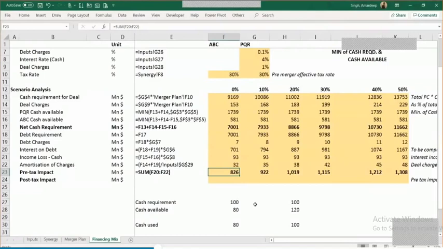But because you've got this 826 expense hitting your P&L now in the form of expense and your profit is going down, you save on the tax. So that tax saving is obviously something that needs to be adjusted here. So post-tax impact is what is relevant for us.